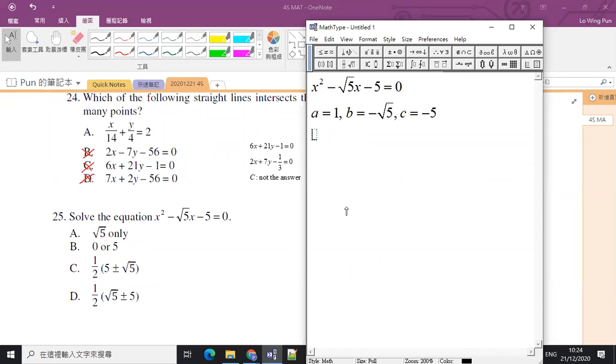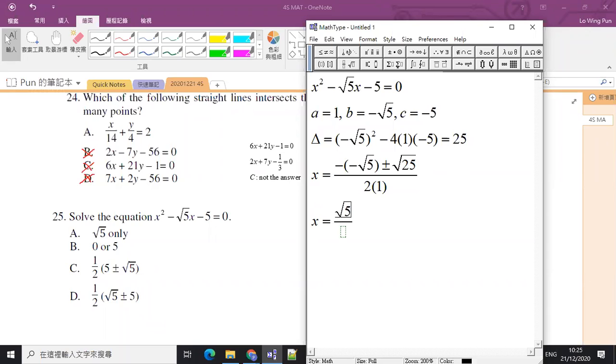And then delta is equal to B squared minus 4AC, which is equal to 25. Okay, and then x will be equal to negative b, it's negative of negative square root 5 plus or minus square root delta over 2 times a. Okay, so that should be equal to square root 5 plus or minus 5 over 2.